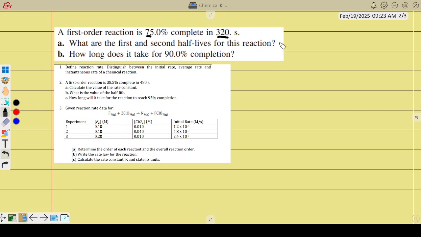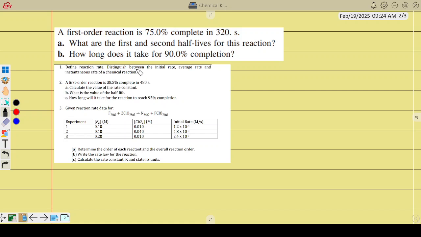So attempt this, and show me your work, it's compulsory. I want to see your understanding of this. So let's do it one more time.